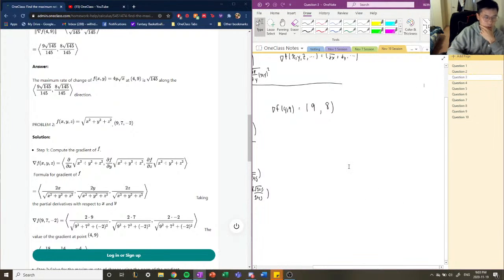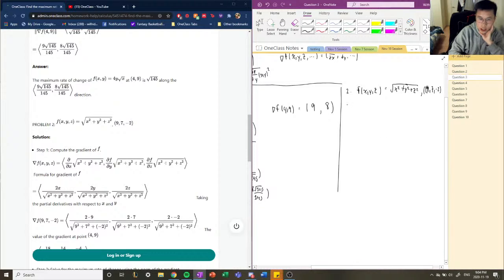Okay, so our function here is a 3-variable function of x, y, and z, and it's the root of x squared plus y squared plus z squared at 9, 7, and -2. Okay. All right.